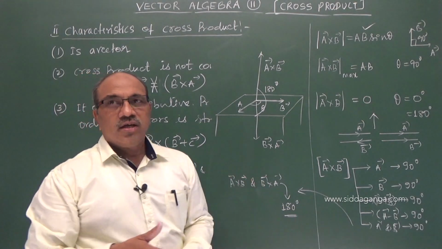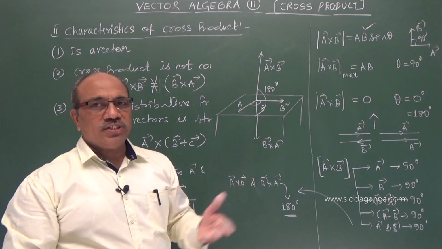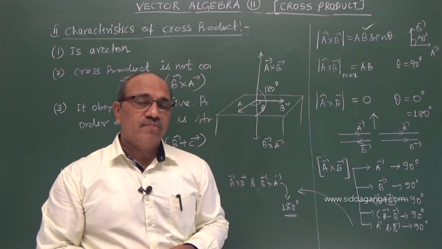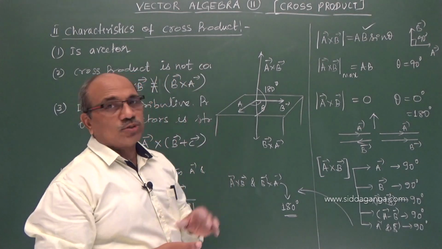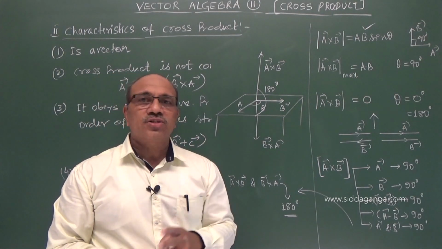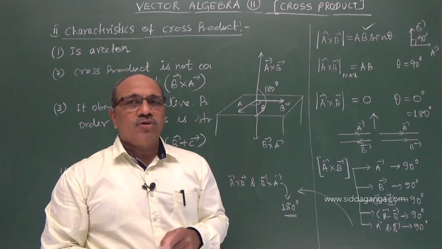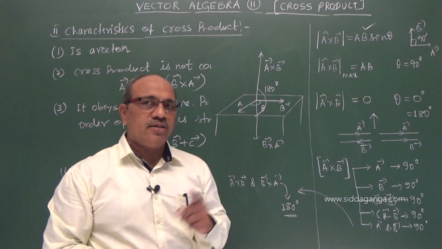So with this, I am concluding this part. We continued the discussion of the dot product and started the cross product. I told what exactly the cross product means. It has both magnitude and direction. Magnitude is given by the product of the magnitudes of the two vectors and the sine of the angle between them, AB sin theta.